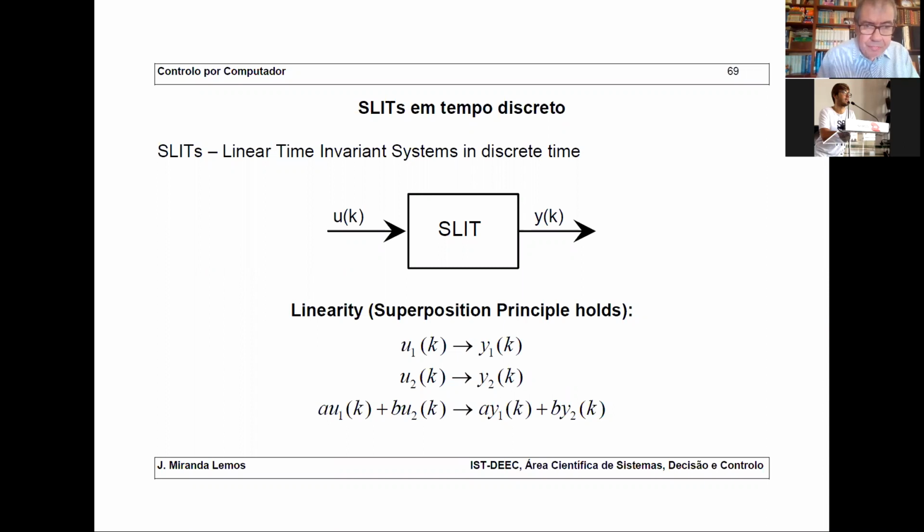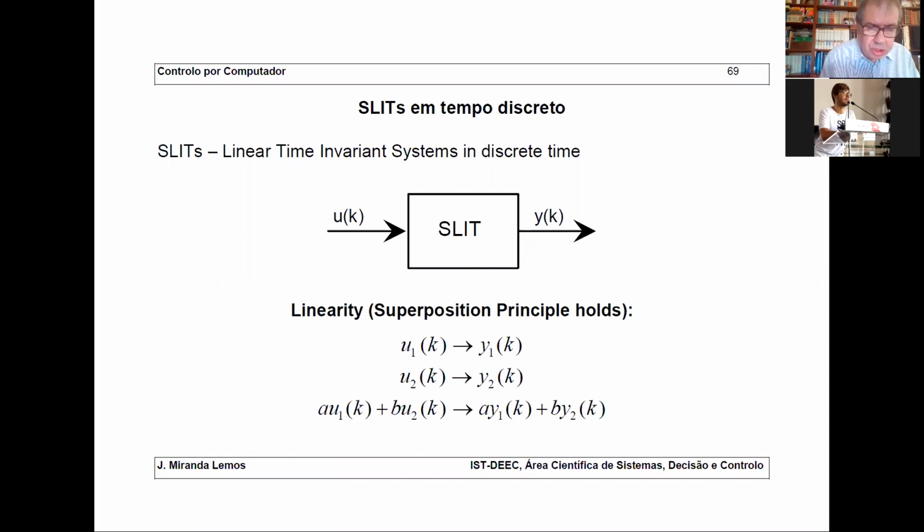Okay? So, in particular, you can characterize linear time invariant systems by the impulse response. You studied that in the basic course on signals and systems, or you can use the transfer function. Okay? We are going to review these things.